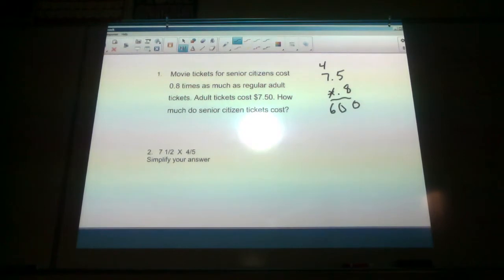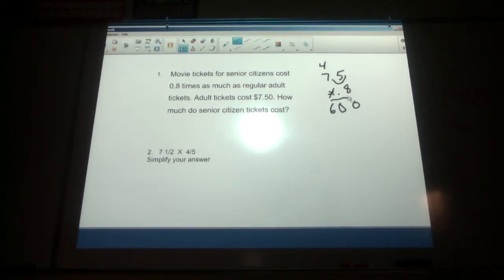Now, if we think about this, is there any way that the cost of the ticket's going to be $600? No way. Okay? Is there any way the cost of the tickets would be 60 cents? No way. It has to be $6. This makes sense, right? Yeah. Now, the true way to multiply decimals is we count the number of numbers we have in decimals.